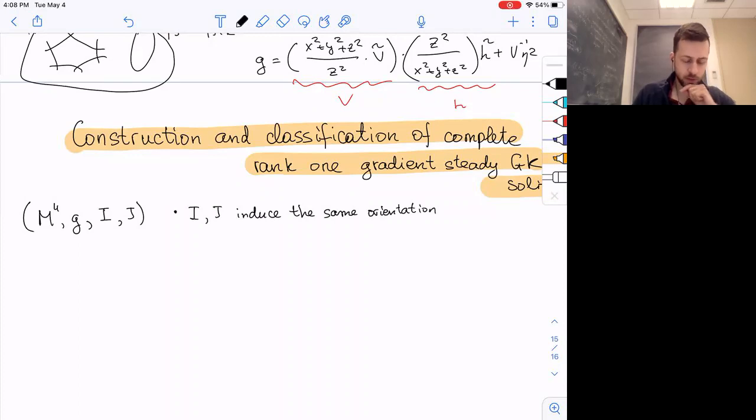Unless I equals plus or minus J globally, which we don't consider because it's sort of trivial for our purposes, then I and J is invertible at a generic point. So assume for a second that it is globally invertible.